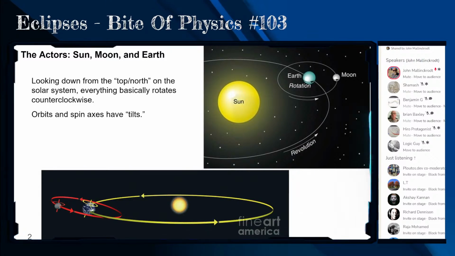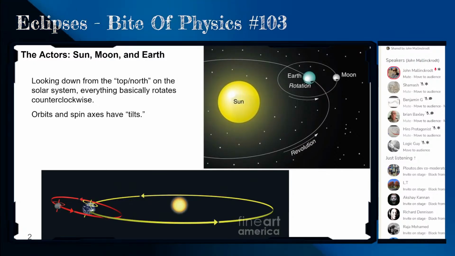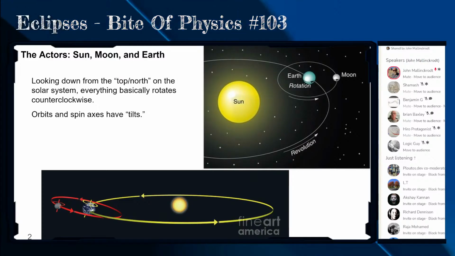You have to wait 3 months to get into either of the positions shown at the top and the bottom, where the sun, the Earth and the moon are in alignment because of the tilt of the orbits. That so-called line of nodes is the place where you can get eclipses.